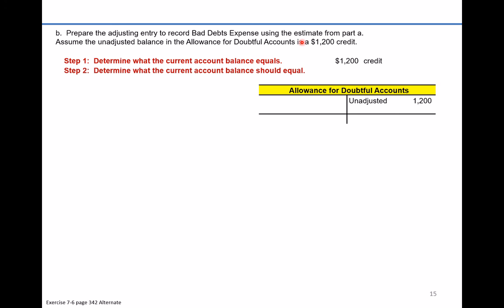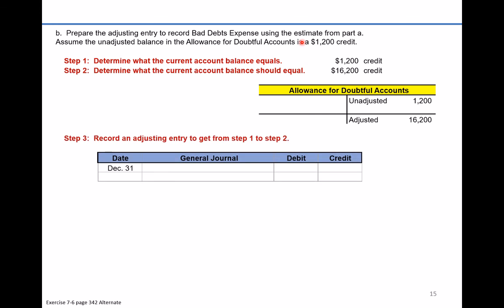Second step, determine what the current account balance should be. Well, we know per the aging that we want it to be $16,200. So then step 3 is to record an adjusted entry to get from step 1 to step 2. We're going to be applying that plug number. So the plug number is 15,000.